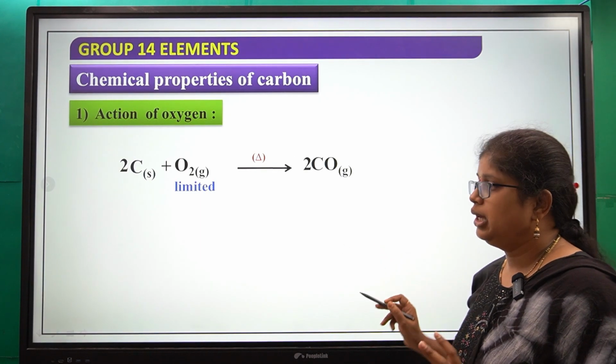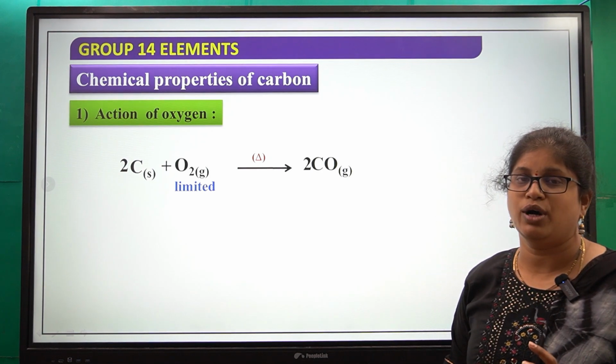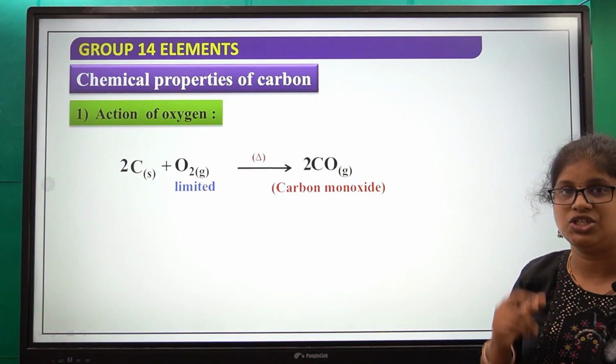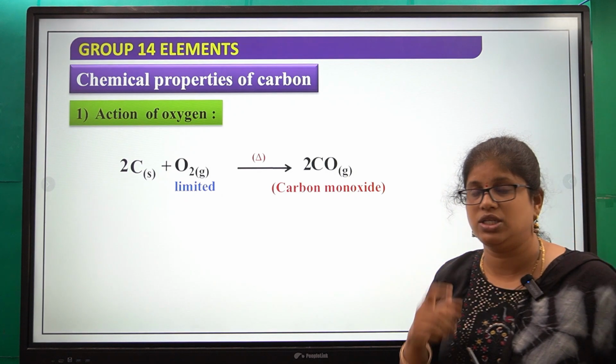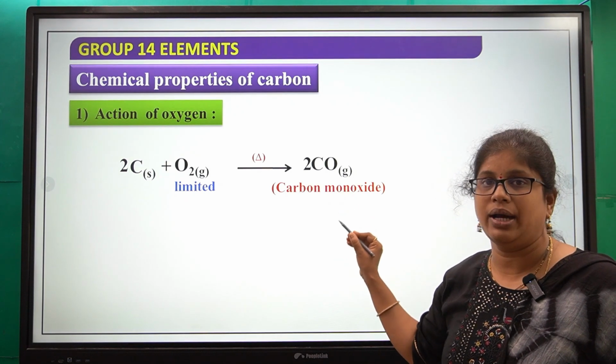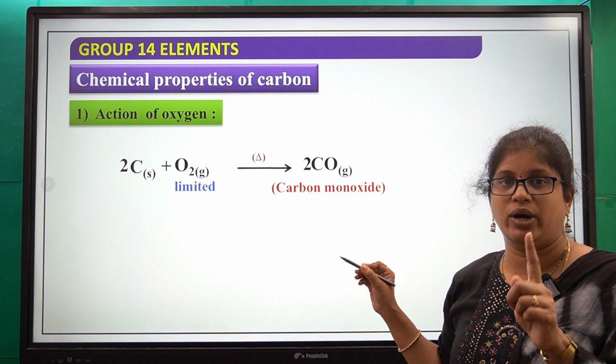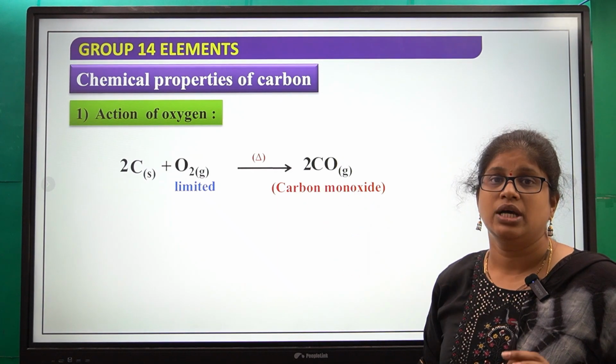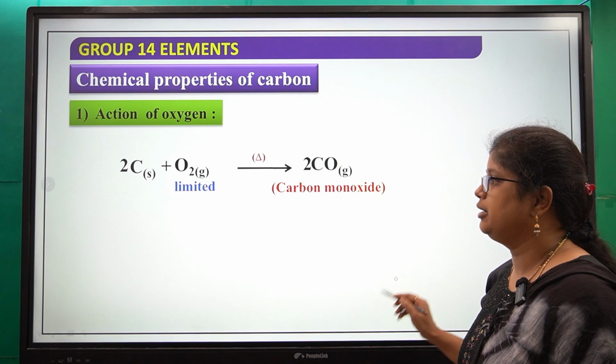So if carbon is burned in a limited supply of oxygen, carbon gives carbon monoxide. Mono means one. So carbon combines with one oxygen and forms carbon monoxide.